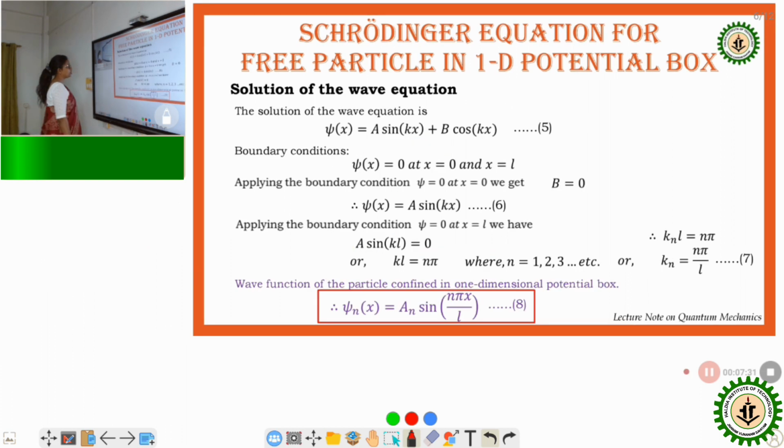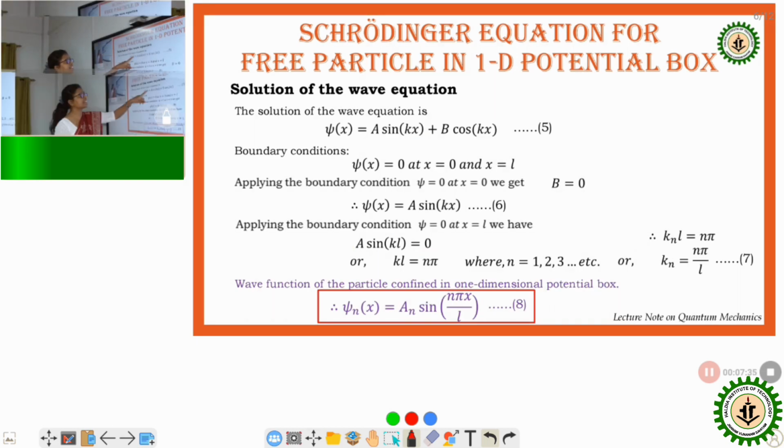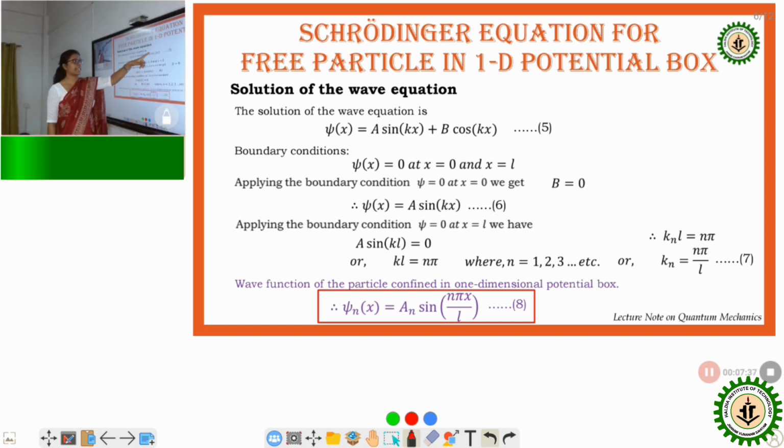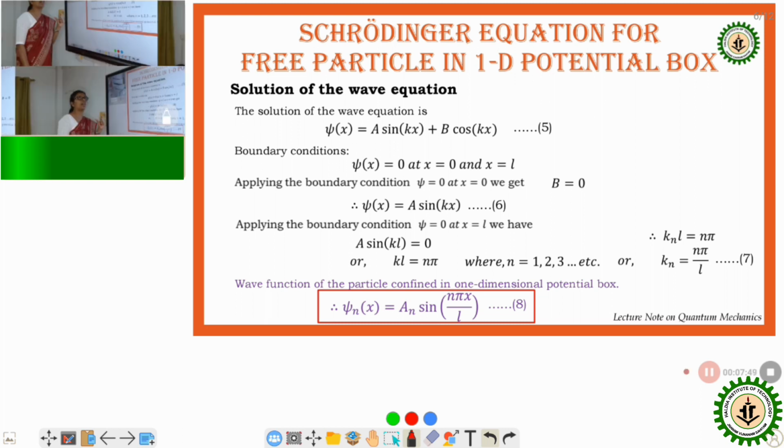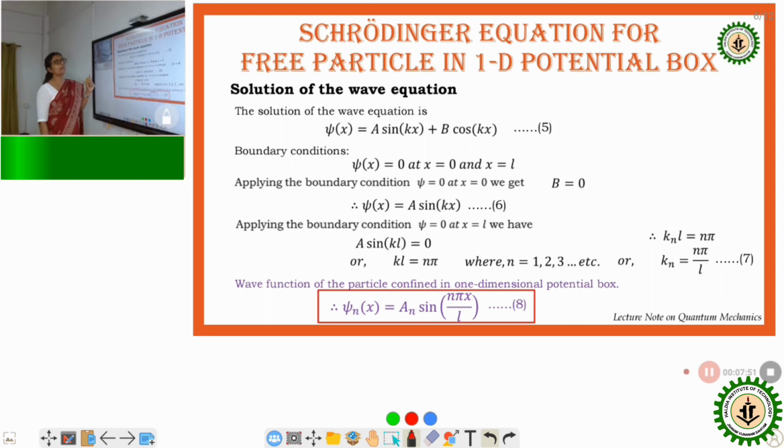Okay, now check this. We are taking the solution as a sin kx plus b cos kx for expression 3. Now we are putting the boundary conditions as follows. Why are we taking the boundary conditions? Because the wave function psi must be well behaved. What is the meaning of a well behaved wave function? This is a postulate of quantum mechanics.